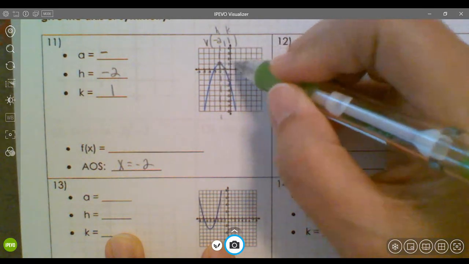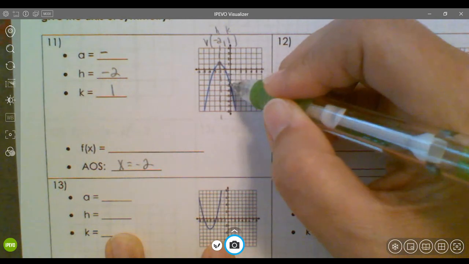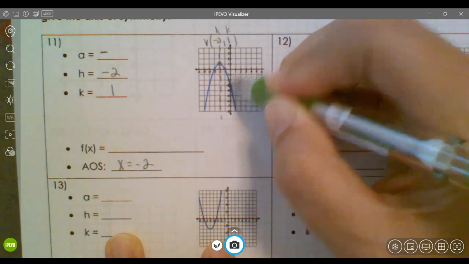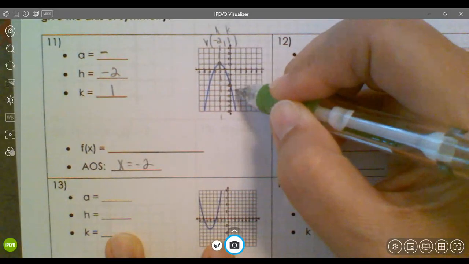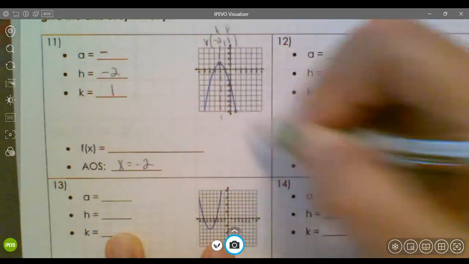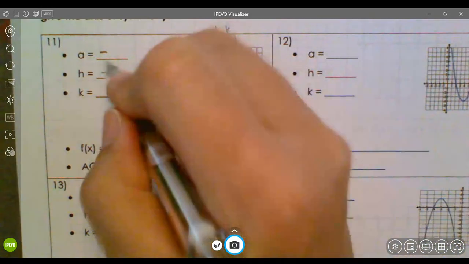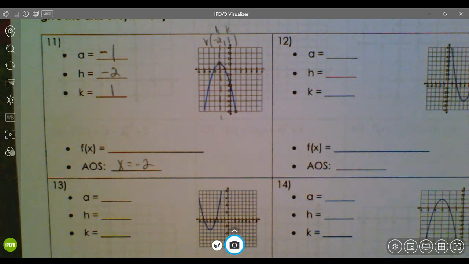When I go 2 horizontally, I go 4 vertically. And when I go 3 horizontally, I go 9 vertically. So it does follow my pattern where a is 1. And in this case, a is -1 because it's upside down.